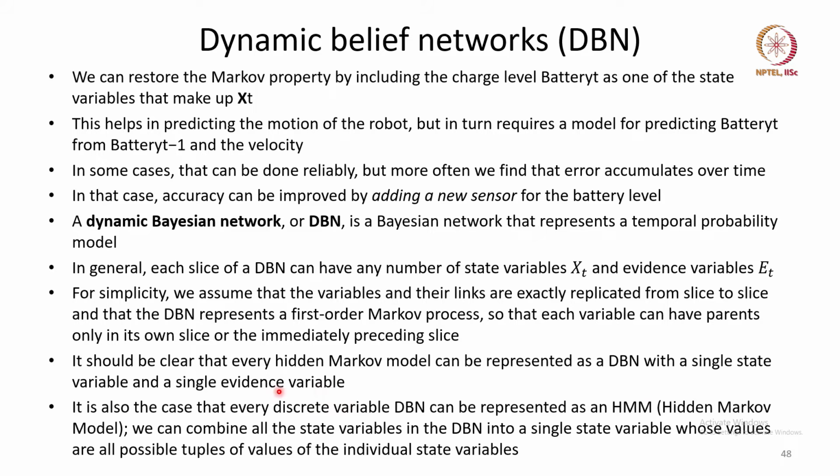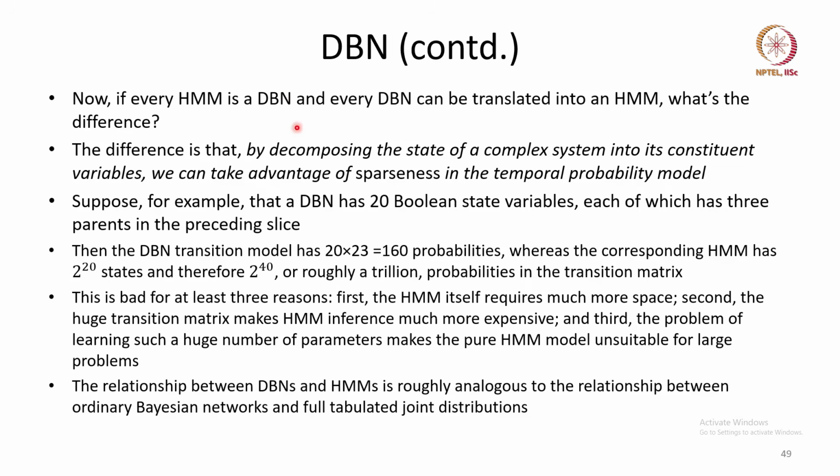So we can say that the DBN can be represented as an HMM and the HMM can be represented as a DBN. So when we say that a hidden Markov model is equivalent to a dynamic Bayesian network, what would be the difference between the two, right?